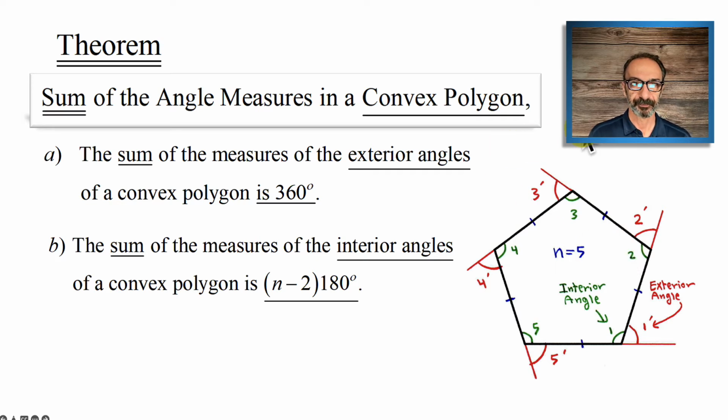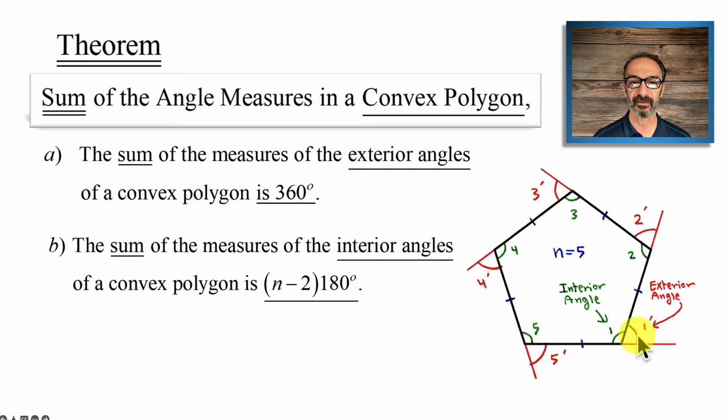Here's the theorem. As you can see, I'm going over notes, then I'll start. I have 2 examples for you. The theorem is about the sum of angle measures in a convex polygon, and this is a convex polygon. We have 2 parts. Part A: the sum of the measures of the exterior angles of a convex polygon is 360.